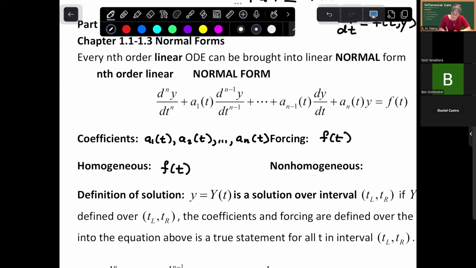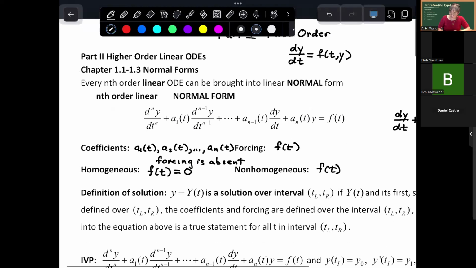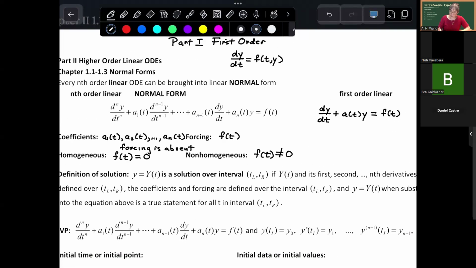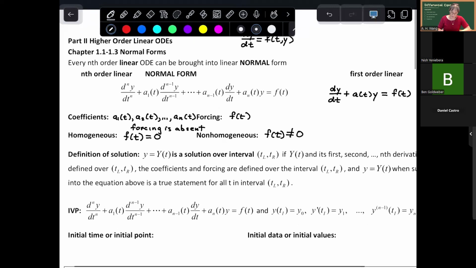Homogeneous is when the forcing is absent, and non-homogeneous is when the forcing is there, so that the forcing is not 0. So it's just like before. We had first order linear, with homogeneous and non-homogeneous.